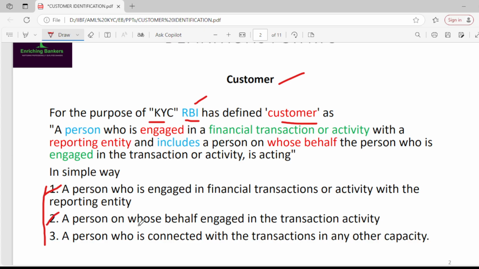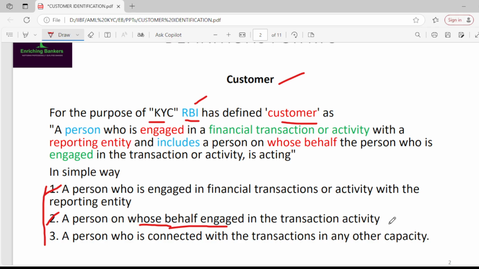Second point, a person on whose behalf engaged in the transaction. A person on whose behalf engaged in the transaction or activity. For example, Mr. A asks his friend Mr. B for depositing some amount in his account on his behalf.